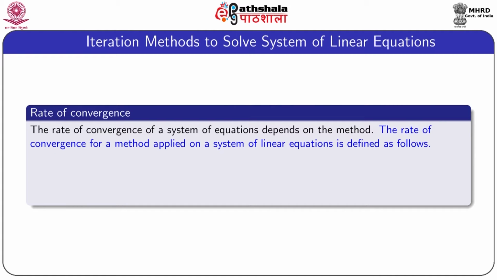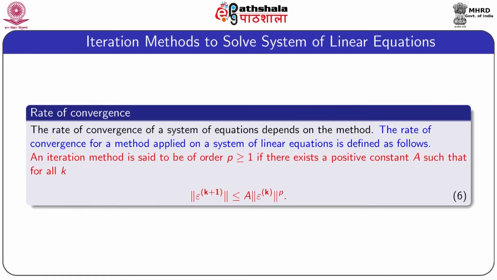Now, we define a very important parameter which is associated with any iteration method, called the rate of convergence. The rate of convergence of a system of equations depends on the method which is applied to solve this particular system. It is defined as follows.